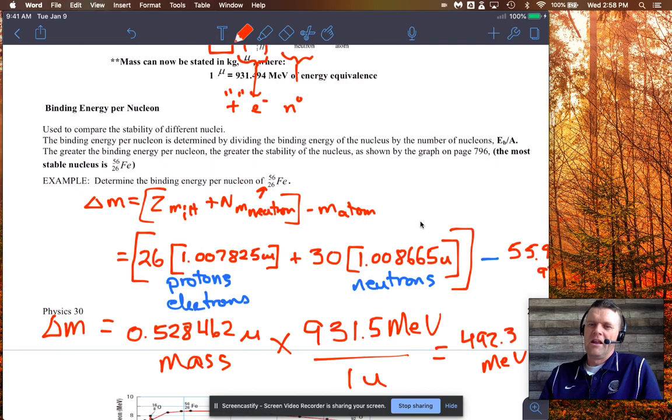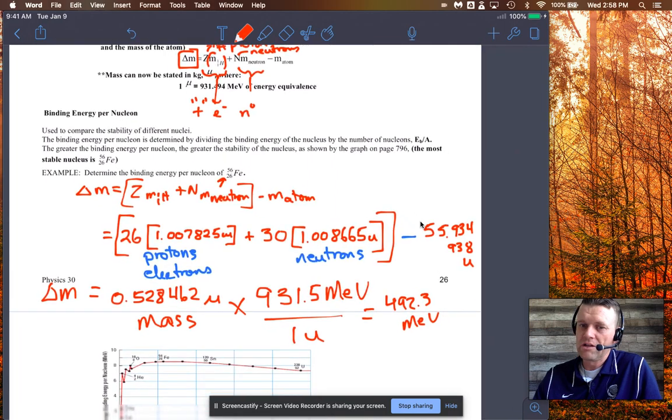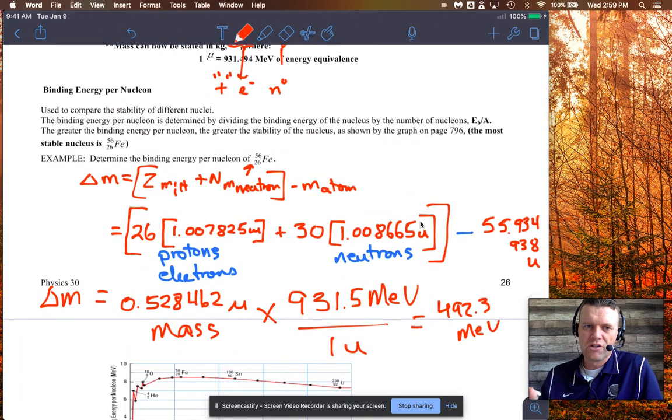Now I've got to brace you here. This is very technical stuff, but there's one more level of understanding, and that is we could take this amount of energy, and what they like to do is determine the binding energy per nucleon of the isotope. Some of you may have caught that up here. I didn't say anything about it, but now I'm coming back to it.